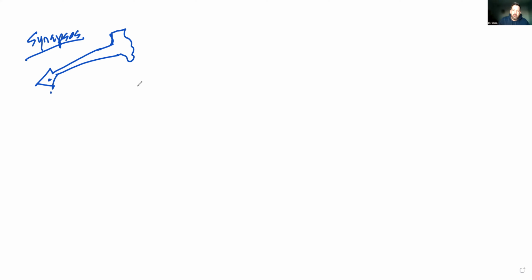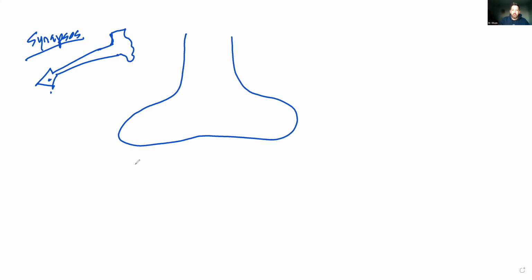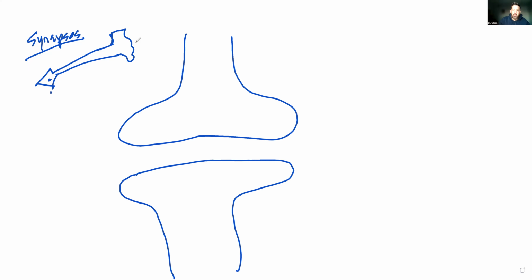If we expand this a little bit more, we have something that looks kind of like this. What you see here is basically going to be another cell body and axon. So we're propagating an action potential down the axon to the terminal and then across to the next neuron.